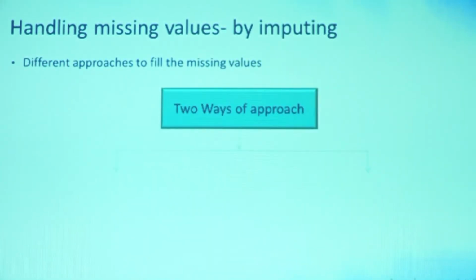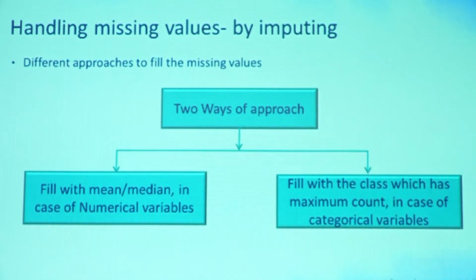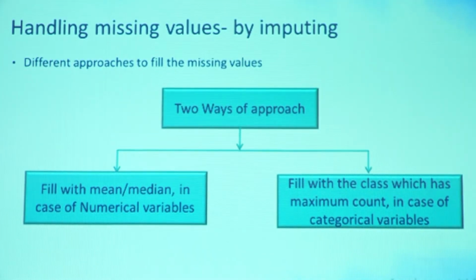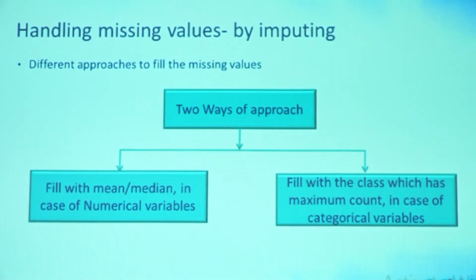Okay? Now, guys, it is important. If you don't want to delete, if you don't want to drop your missing values, you want to impute them, then there are basically two ways of approach. See, this is important with respect to your interview also. They can ask you a question, on what basis will you decide how to impute missing values.